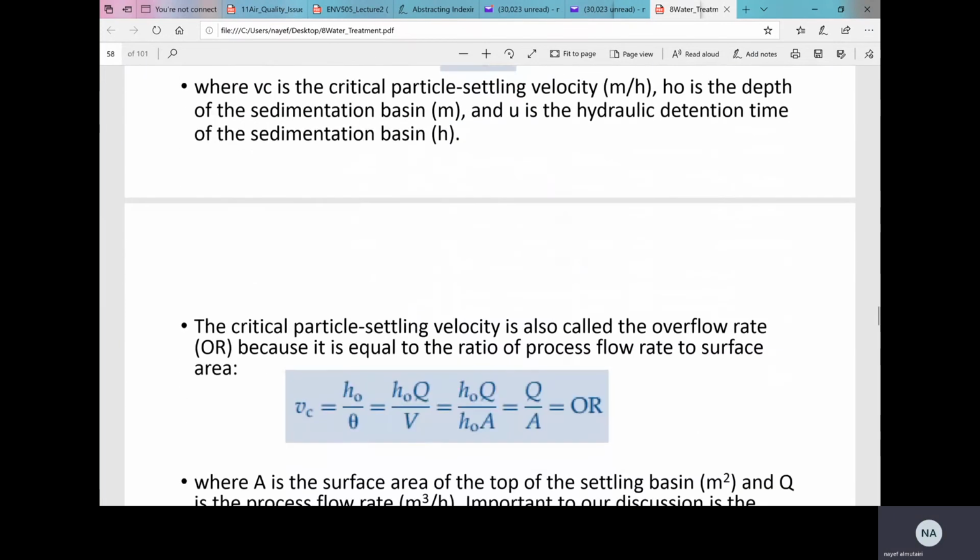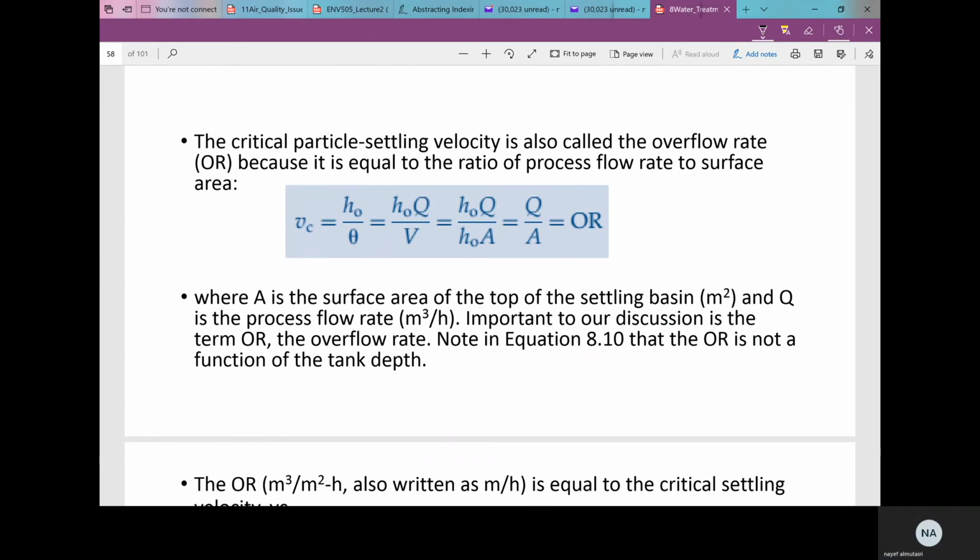Okay, so now we come to the critical velocity. When we are using this, the critical velocity and the overflow rate is equal depth over detention time. Detention time is volume over Q. We could use any of these equations.